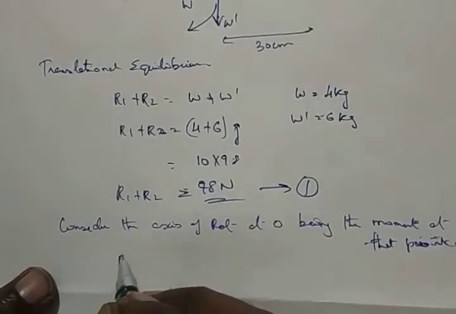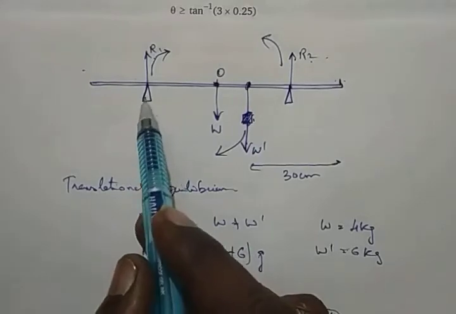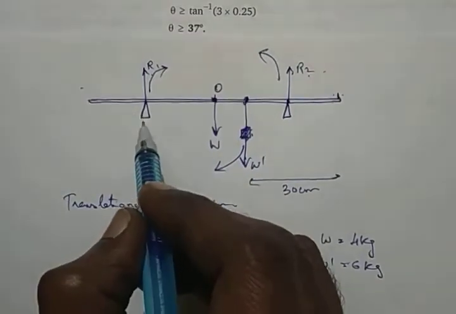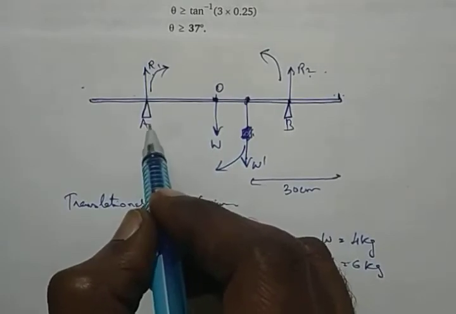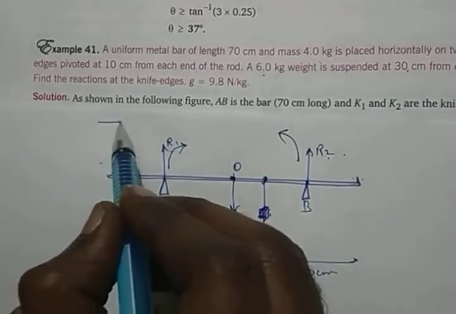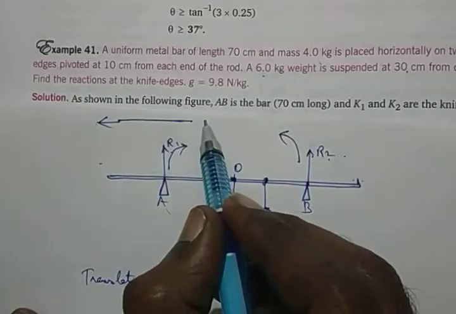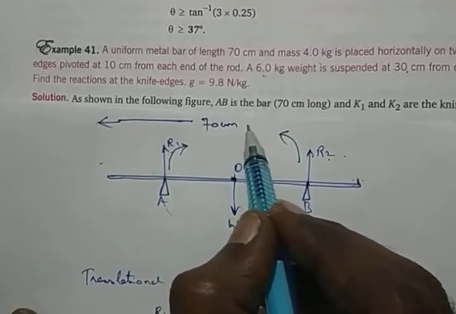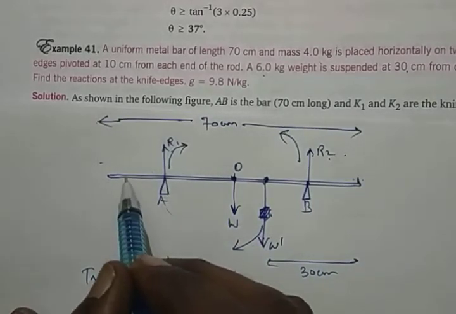So what you got to do is, R1, what is the distance of R1? Maybe if this is A and this is B, so it is AO. So this entire thing, please make sure this is there. The entire thing is 70 centimeter. Okay, so this is 10 centimeter already.